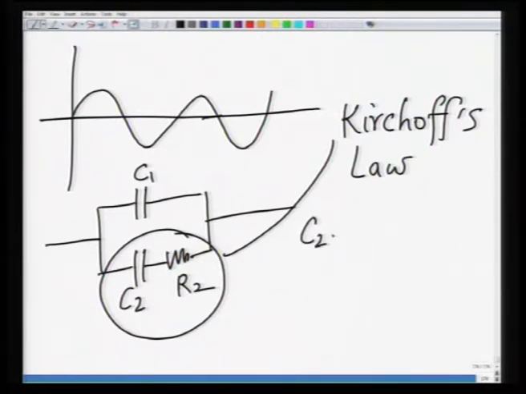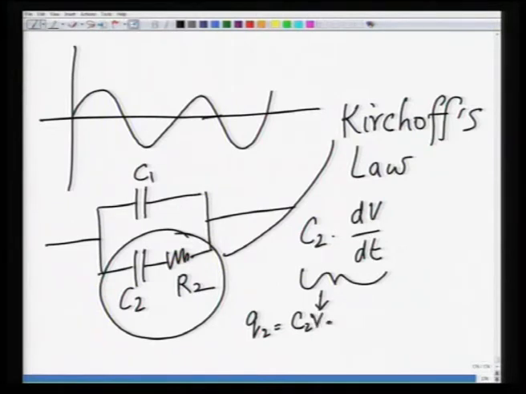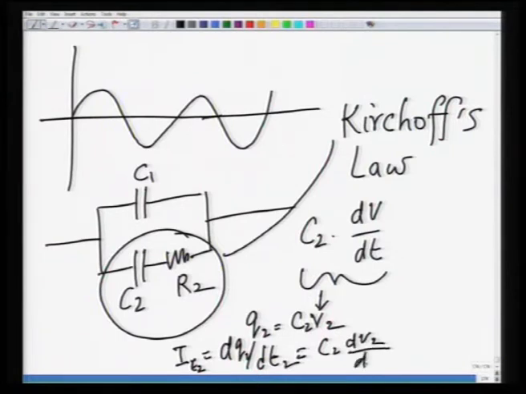So C2 multiplied by dV by dt is the current term for the capacitor. How do you get to this term? Because you know that Q2 is equal to C2 V2, the current in the capacitor would be dQ2 by dt, so I C2 will be equal to C2 dV by dt.